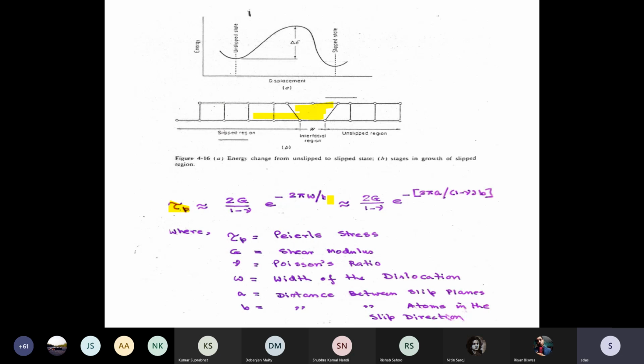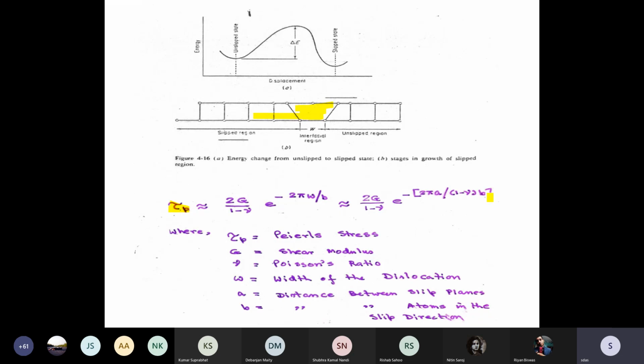And b is the Burgers vector. From here I can modify this derivation; I did not go through it. Since a and b are more or less the same, tau p is proportional to minus 2 pi a by (1 minus nu) times b.